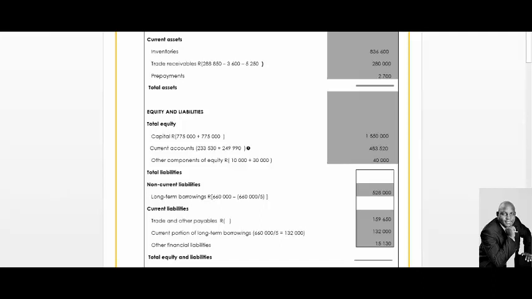Our non-current asset, it's that. Okay, our current asset, we need to calculate the total. That is 836,600 plus 280,000 plus 2.7. That's 1,019,300.